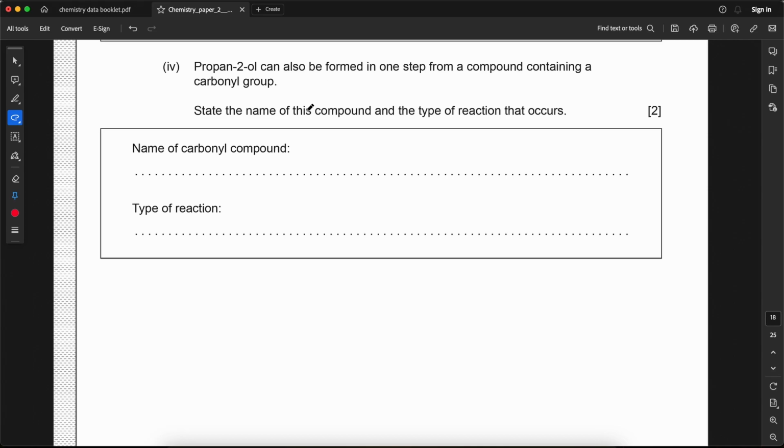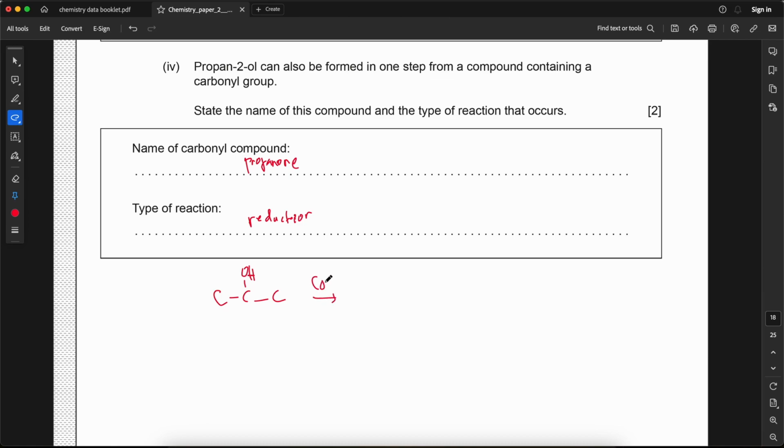Propan-2-ol can also be formed in one step from a compound containing a carbonyl group. State the name of this compound and the type of reaction that occurs. It will be propanone. Type of reaction is reduction. Propan-2-ol is a secondary alcohol.